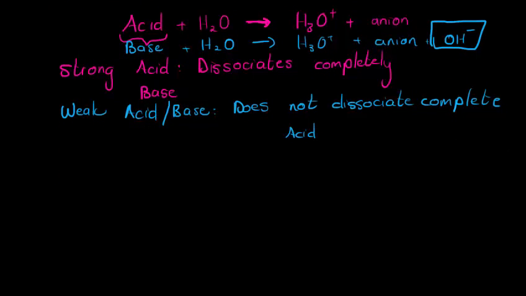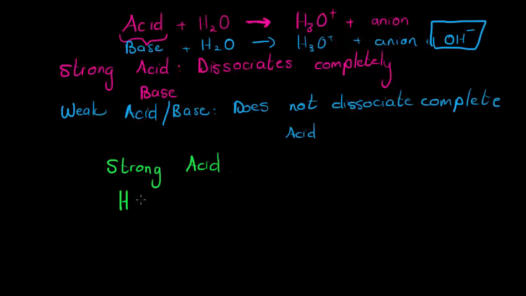So let's look at a few strong and a few weak acids and bases, and these are important. You have to know which are the strong acids and which are the strong bases. An acid would usually, if not always, start with the hydrogen ion.